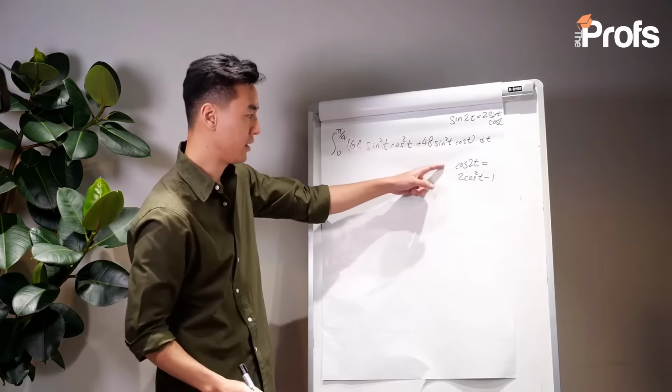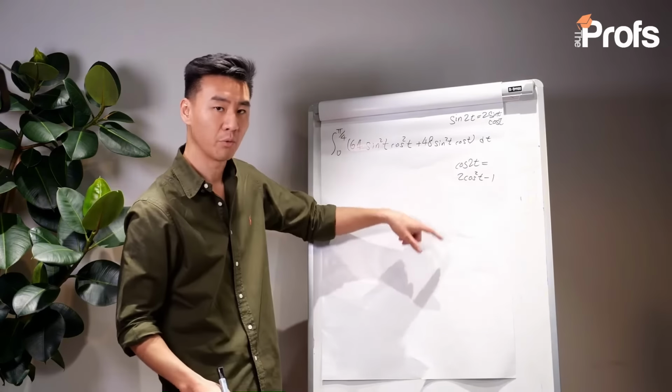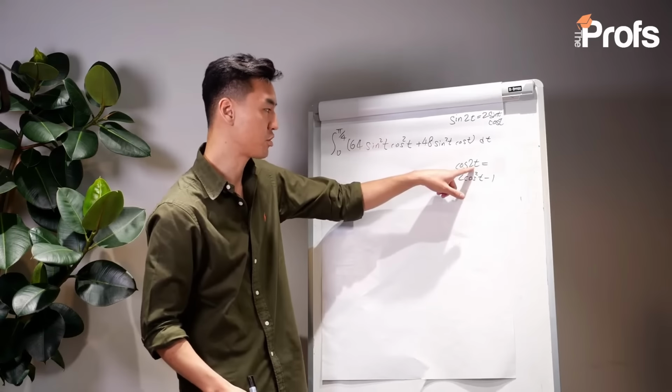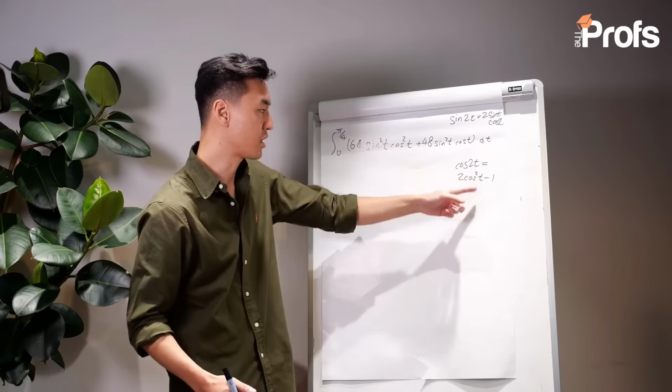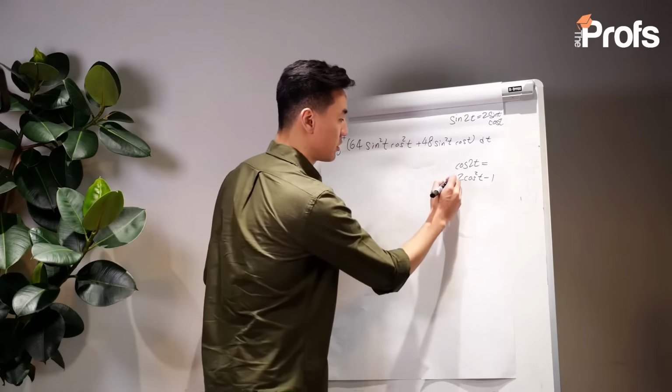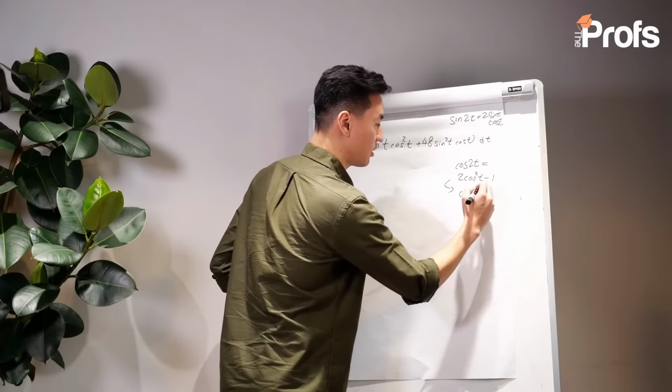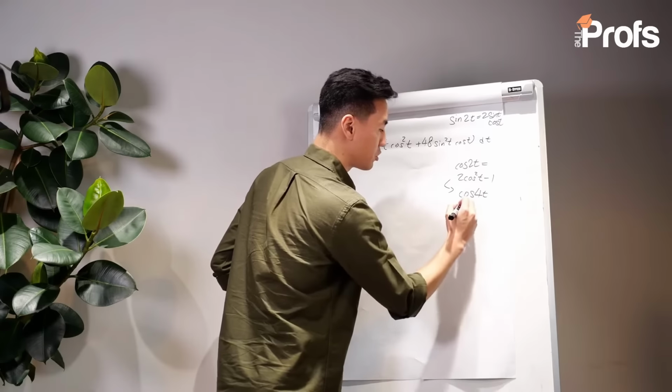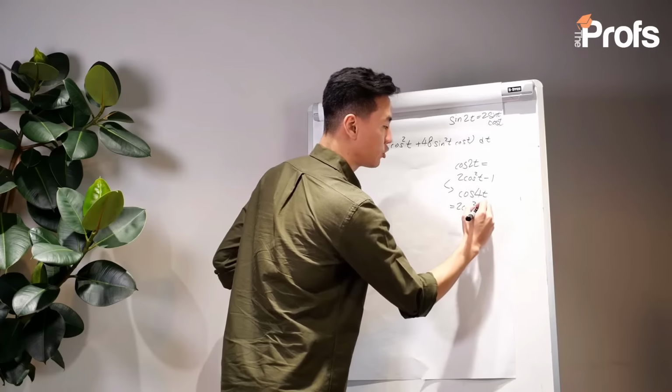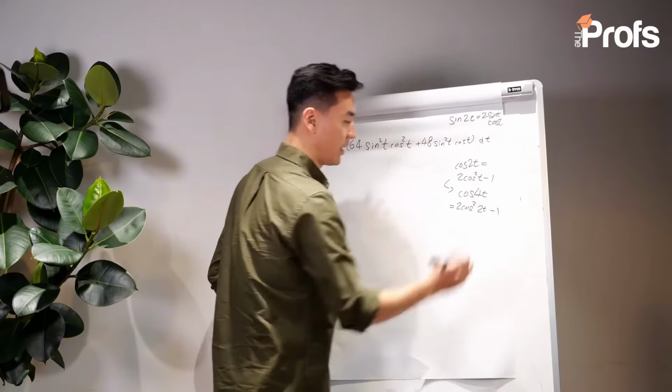Now, I can manipulate this because, as you saw just now, we want cos 4t, not cos 2t. So I can just double the angles here. So instead, I'm going to have cos 4t equals 2 cos squared 2t minus 1.